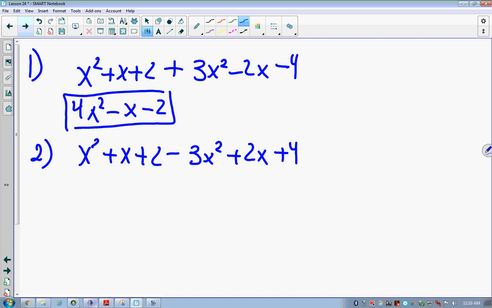Why was it different? You distribute the negative. So instead of that, what am I getting here? I'm getting negative 2x squared, correct? Because negative 3 plus 1, plus 3x plus 6.